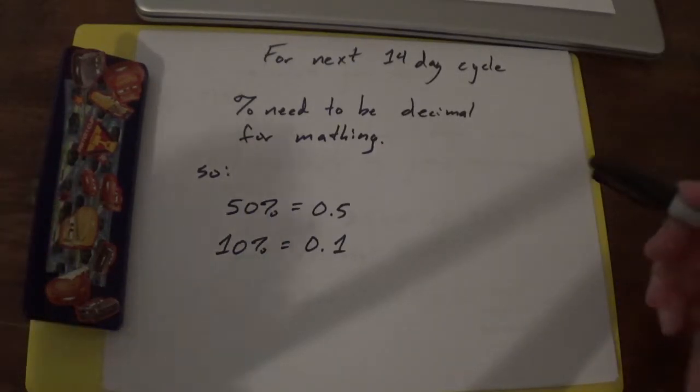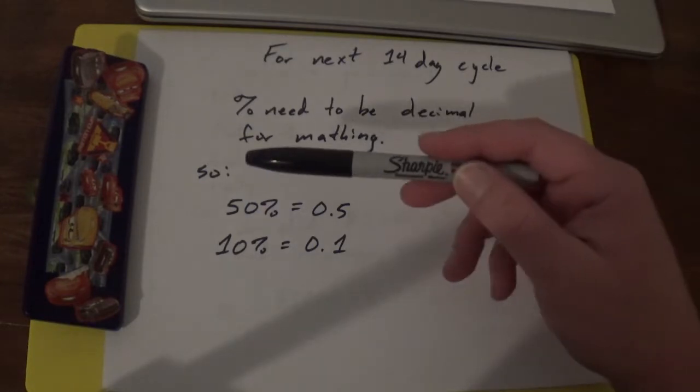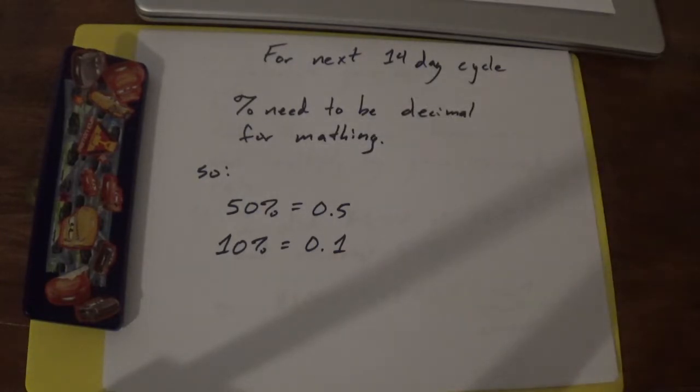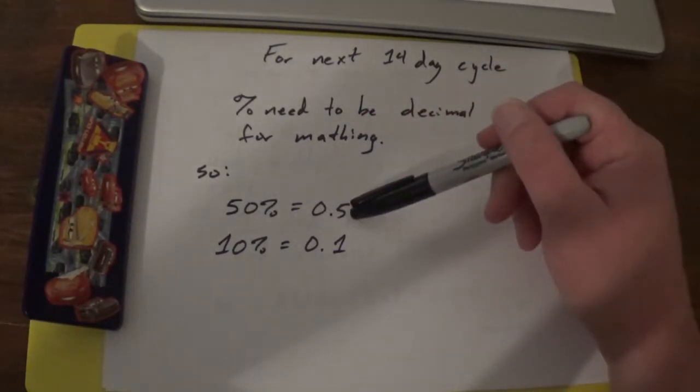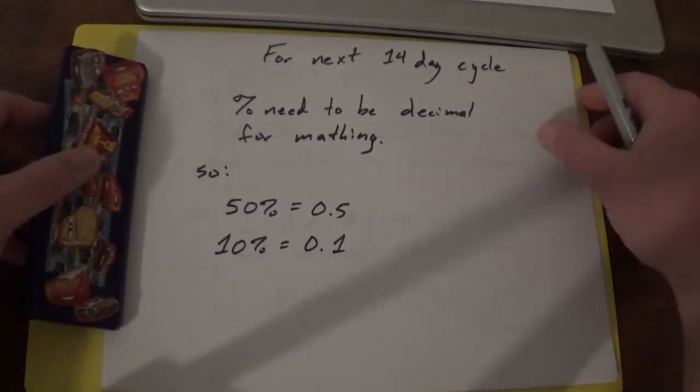All right, so before we can do math with percents, we need to turn our percents into decimals. So 50% would be 0.5, 10% is 0.1.